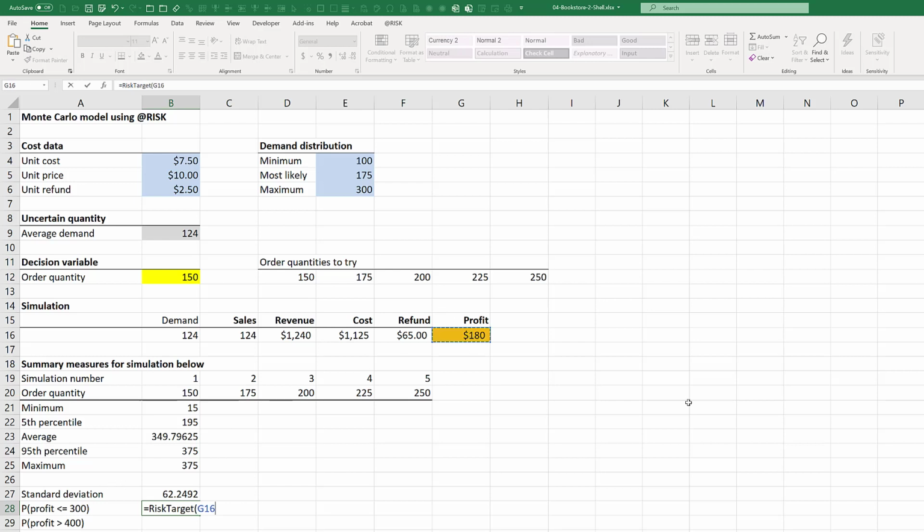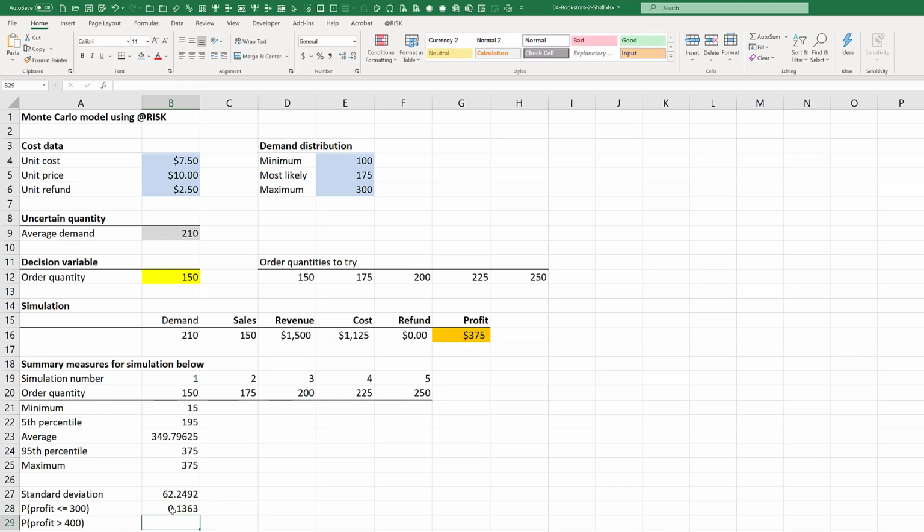Of profit. Again, absolute reference, and then you give a target value, which in this case is 300. Okay, for which simulation. So this is going to give us the probability of the profit being less than or equal to 300, less than or equal to that target value.